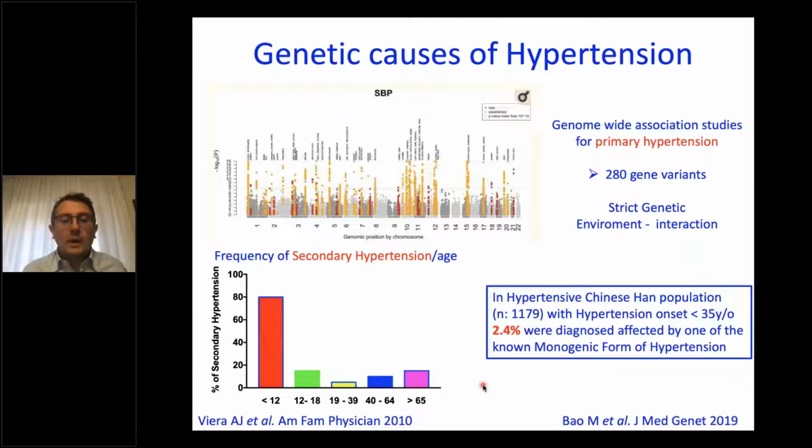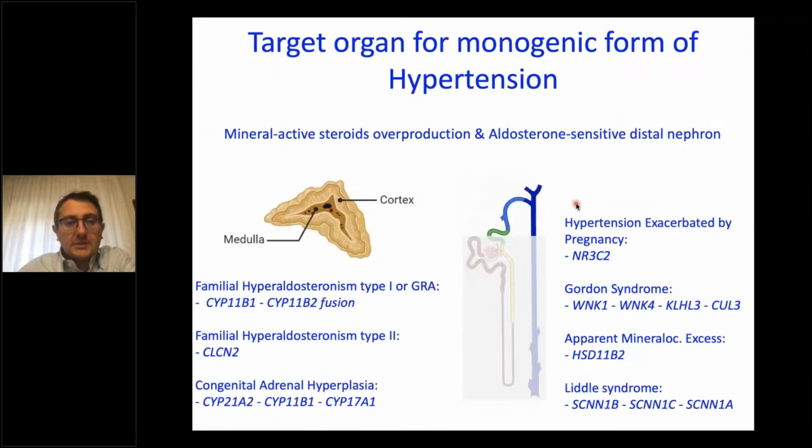So this is why we are having this webinar in a consortium of rare diseases. We are speaking about very rare conditions if we compare with the bulk of hypertension.